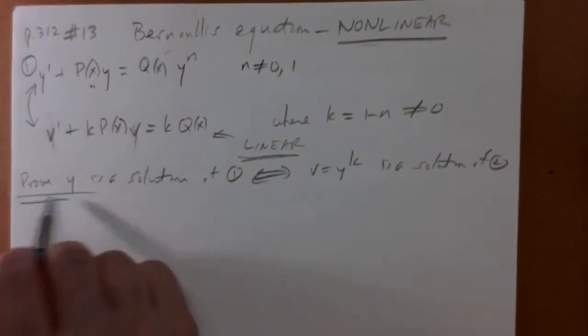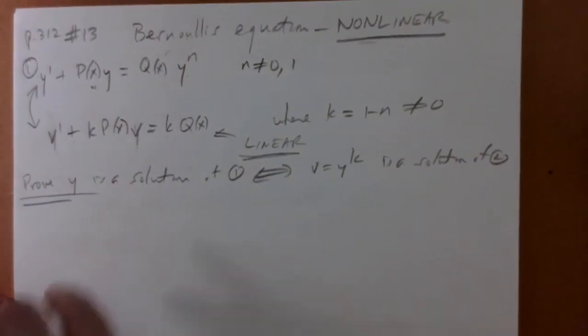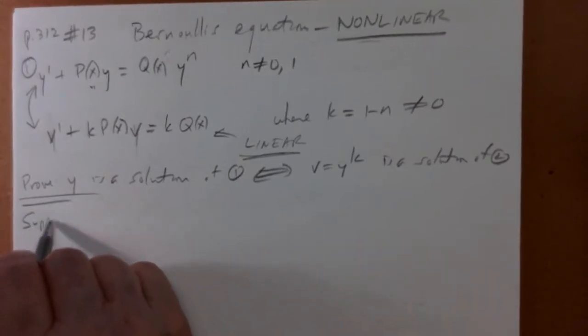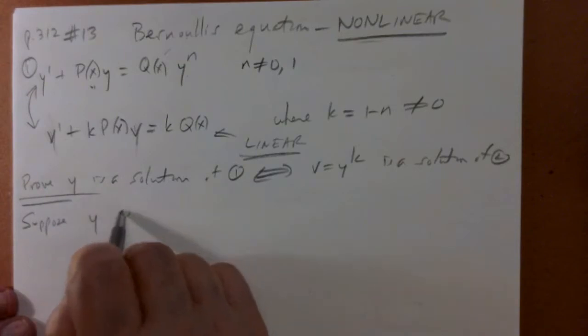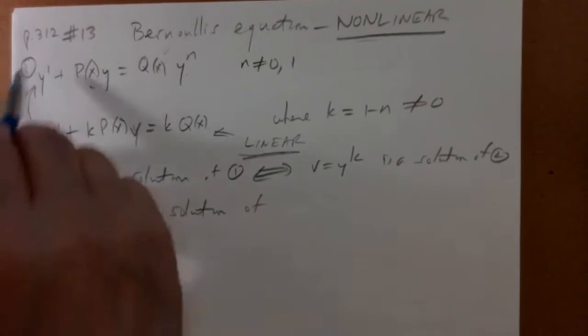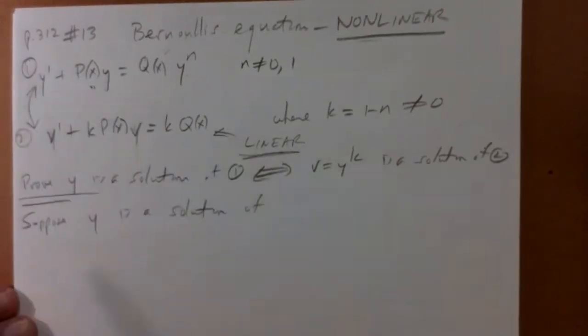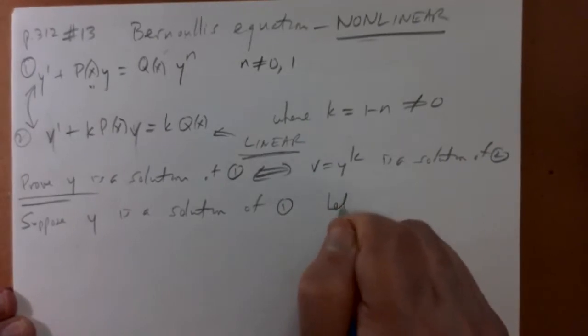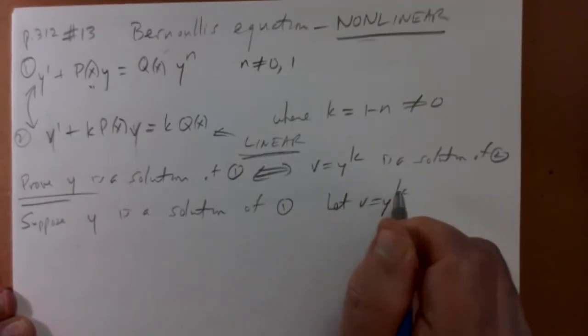So here's how you prove it. There are two different things to prove. So suppose y is a solution of equation 1. This is equation 1. Let v equal y to the k.